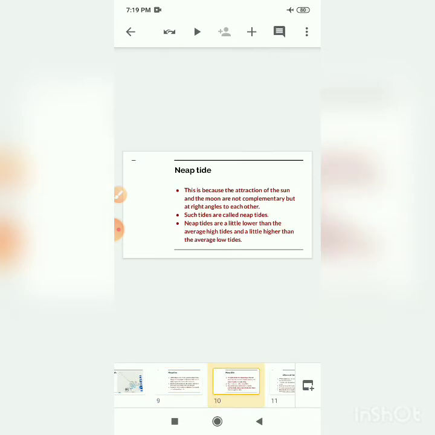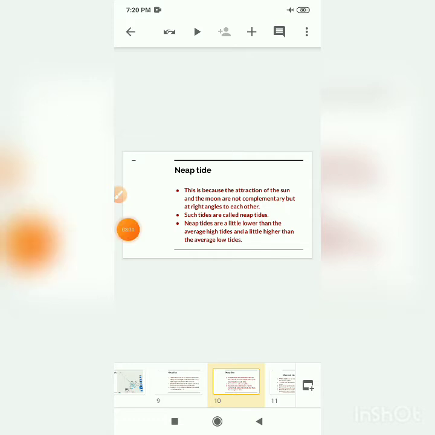This is because the attraction of the sun and the moon are not complementary but at a right angle to each other. If you remember spring tide, that was in the same line, but here it is not like that. Because of the right angle, such a tide is called a neap tide. Neap tides are a little lower than the average high tide and a little higher than the average low tide.